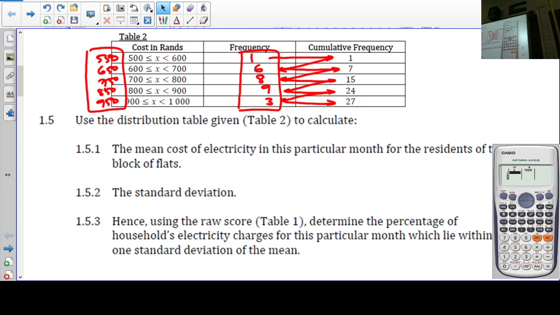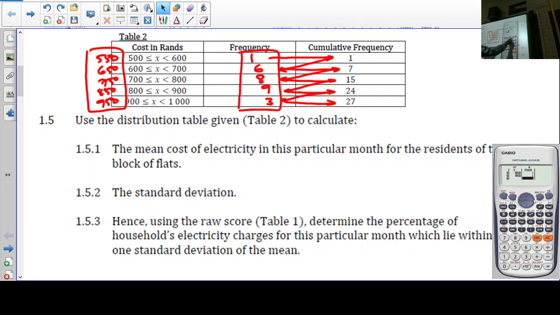In the X column, the first column, you put in your class midpoints. So it's 550, 650, 750, 850, 950.